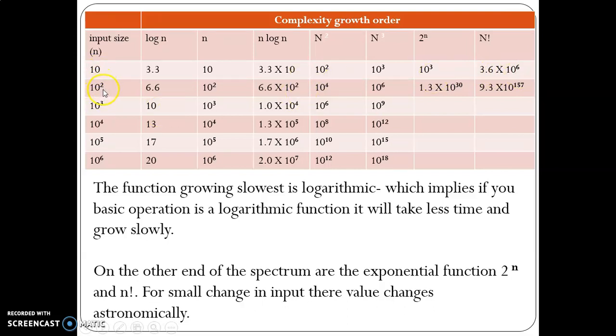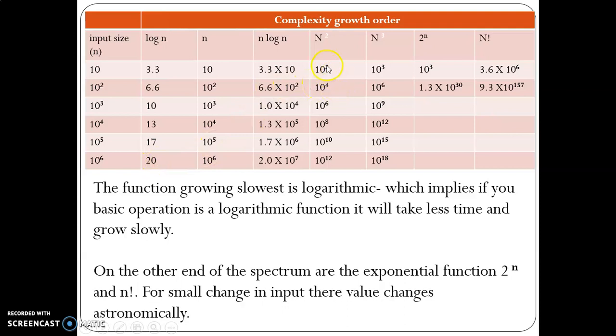Now, for 10 square, that is for 100, this is going to increase. And when we say 10 cube, it will increase further. And for 10 raised to the power 6, we can see for 10 operations, it was taking 3.3, and for 10 raised to the power 6 operations, it is taking 20.